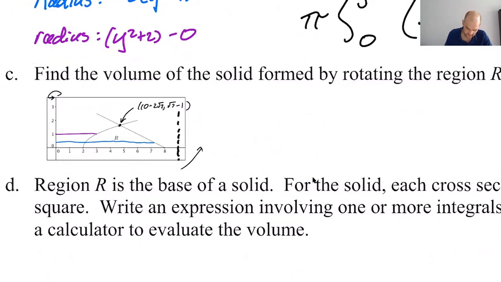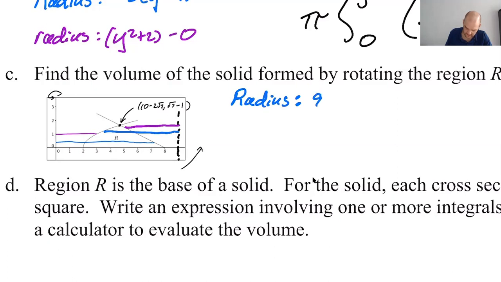There we go. So we're going to get a different big radius this time, which is going to be here. And we're going to get a different little radius, which is there. Okay, so our big radius is going to be right take away left.